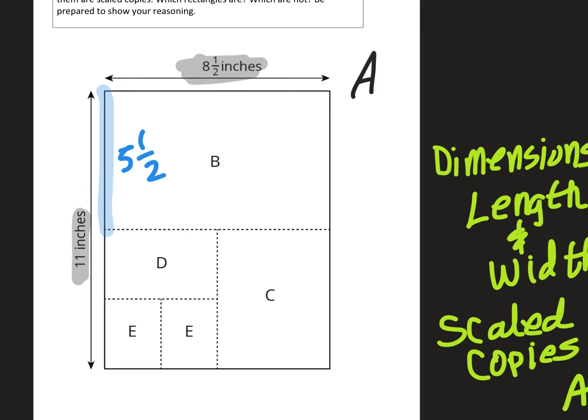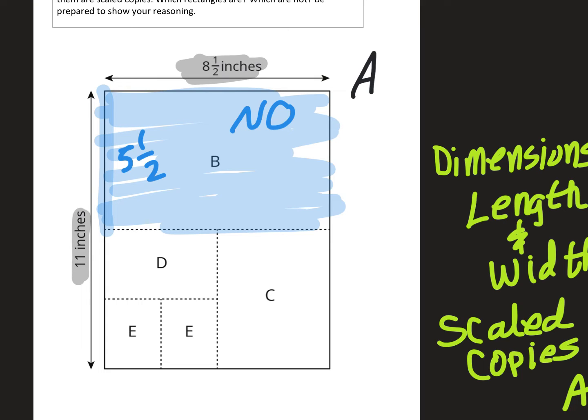All right, so my next question for you, did anything happen to the width? What's the width of rectangle B? It's still 8.5. So is B a scaled copy? Well, I'm going to go ahead and tell you B is not a scaled copy. I'm going to write the word no. But why is it not a scaled copy?